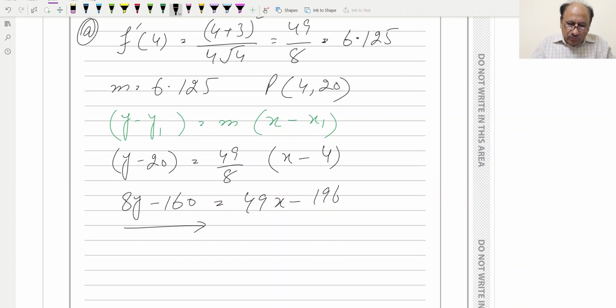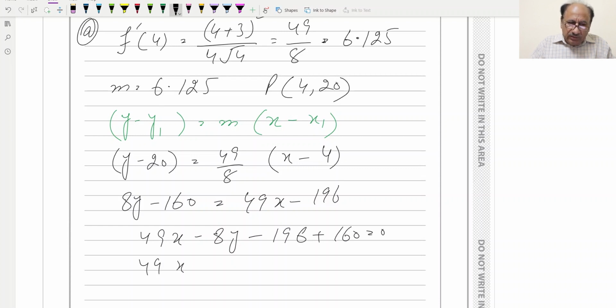We can shift this to the other side, so it will be 49x minus 8y is equal to minus 196 plus 160 is equal to 0.